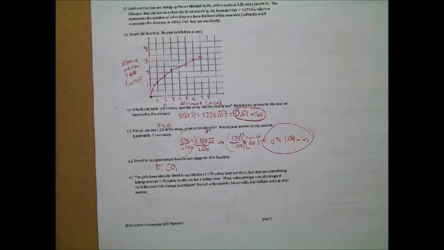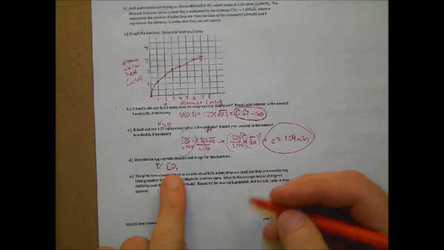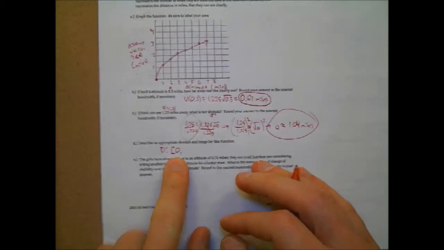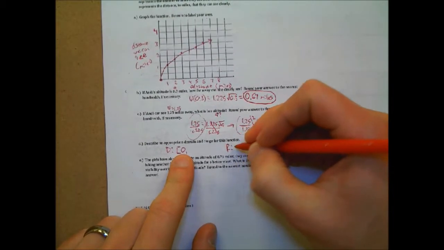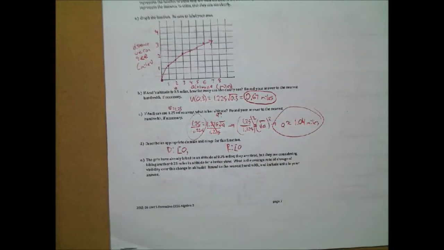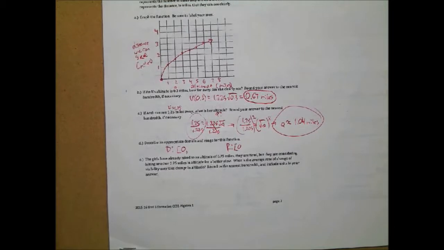I mean, there are places like Death Valley that are below 0 feet, negative altitude, below sea level. But as far as regular altitude, I think 0 is a safe place to start for the lowest domain value here. Same thing for the range, 0 as well. Seeing less than 0 distance really makes no sense.